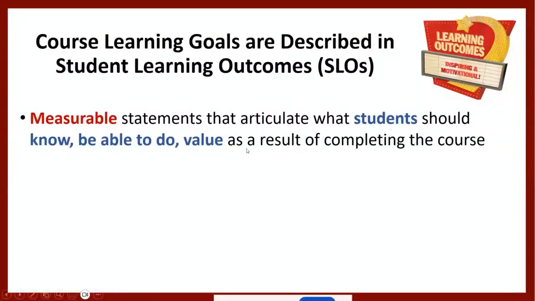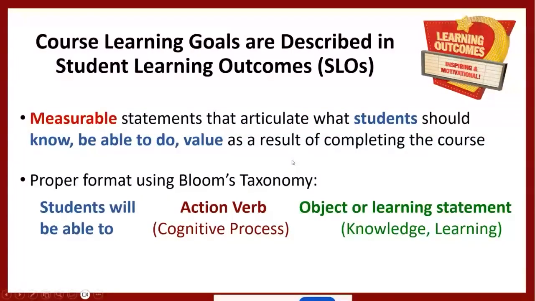Those of you who have been in K through 12, you've heard knowledge, skills, abilities, very same thing. So what it is that students should know, be able to do, and value as a result of finishing, completing, going through your course. And they have a particular structure because that structure helps you to design the assessments and the activities to achieve them.